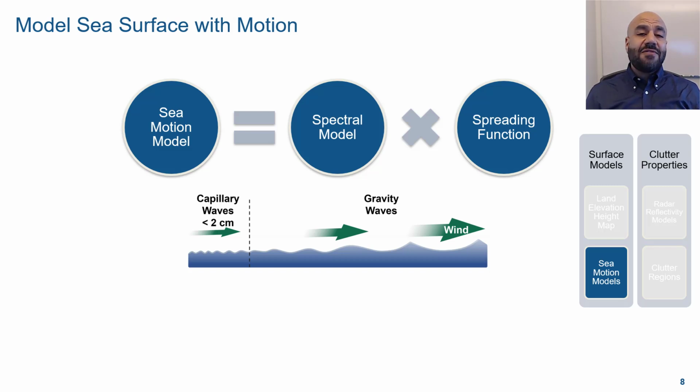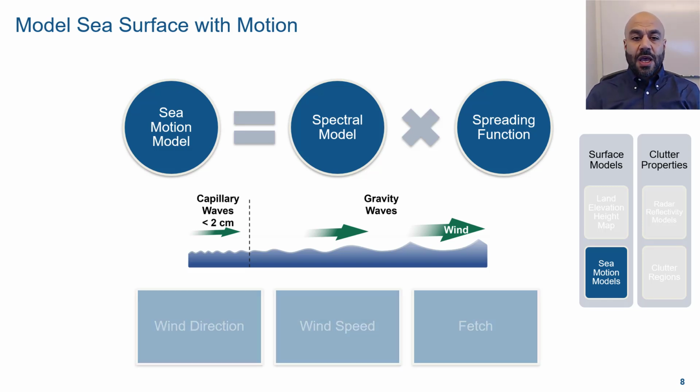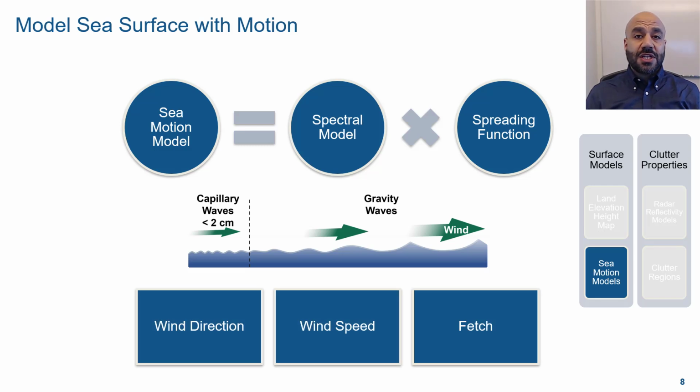Gravity waves have lower frequency and higher height elevation, while the capillary waves have higher frequency and lower height elevation. And there are three different parameters that you can use to control the behavior of your sea motion: wind direction, wind speed, and fetch. Besides the built-in model, you are able to bring in your own sea motion model.